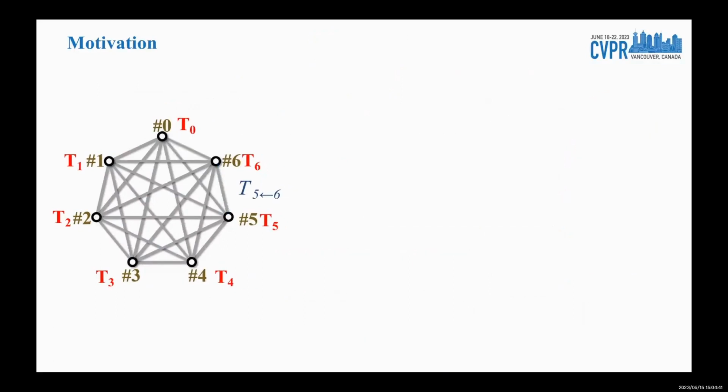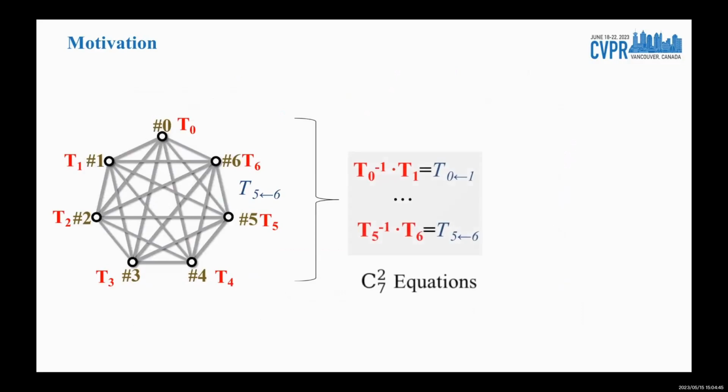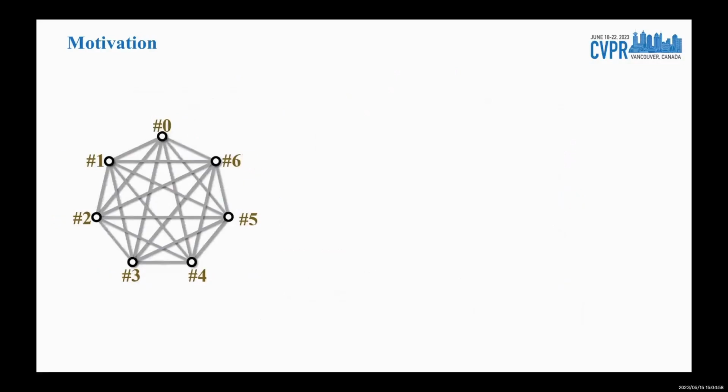By estimating the relative poses between all C(n,2) pairs of point clouds, we can construct C(n,2) equations and use the iteratively reweighted least square algorithm to calculate the absolute scan poses, Ti. However, there are two problems with this approach.